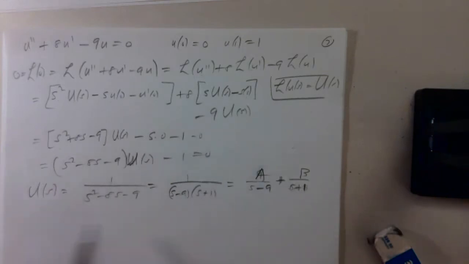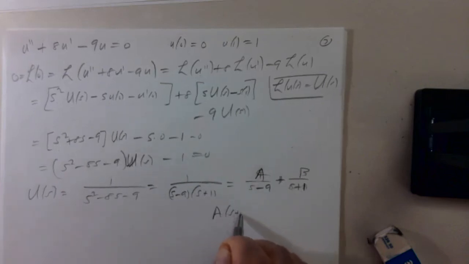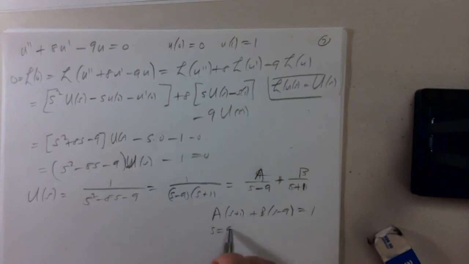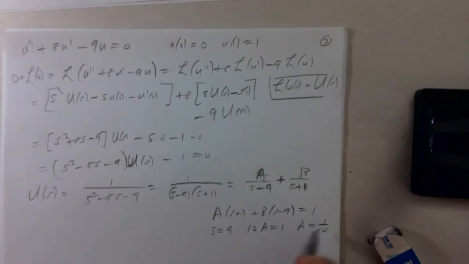And so that means that a times s plus 1 plus b times s minus 9 equals 1. When s equals 9, I get 10a equals 1. So a is a tenth.